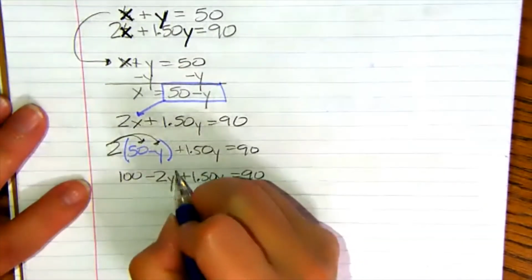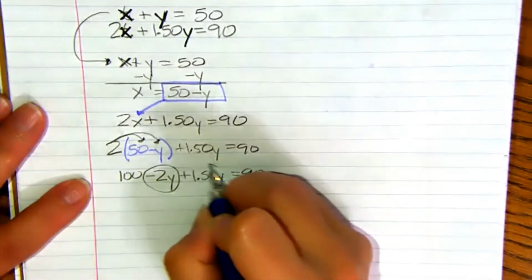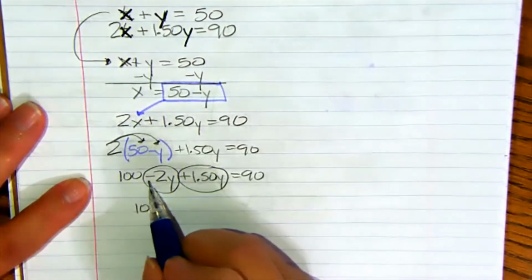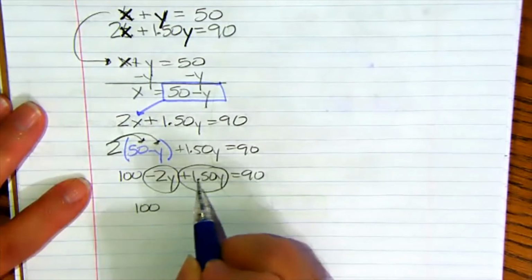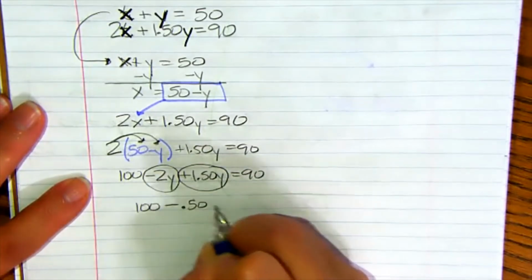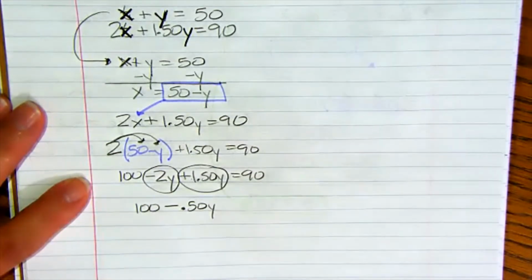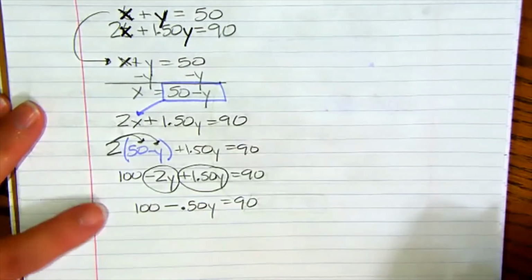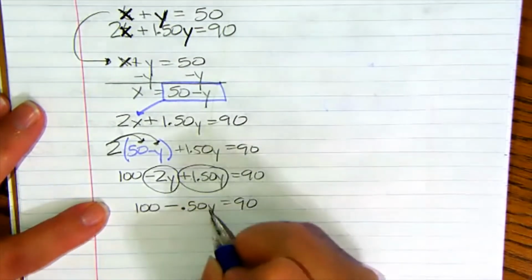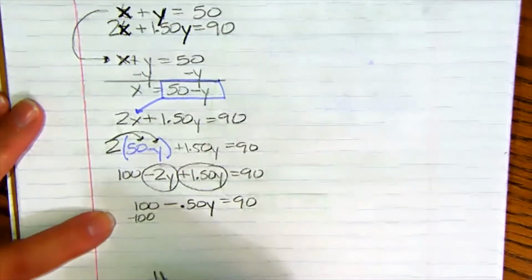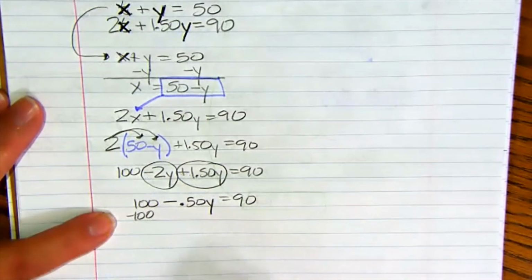Okay, I'm going to combine my like terms. So 100, negative 2Y plus $1.50Y is going to be negative 0.50Y equals 90. I want to isolate Y, so I'm going to get rid of this 100, use inverse operations to get rid of this 100.